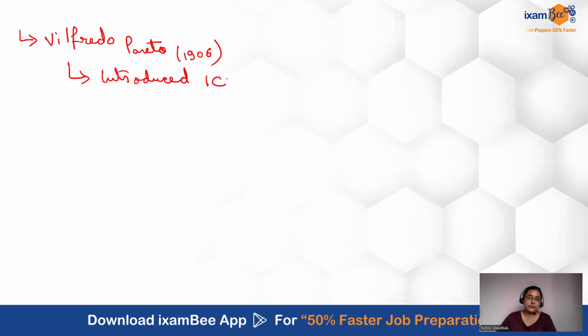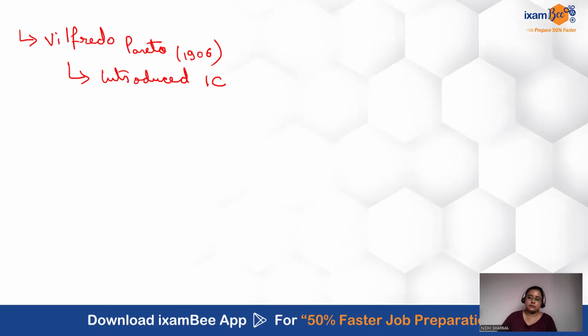Now many of you must be thinking that it's actually Hicks and Allen whose name is associated with the indifference curve. Absolutely correct, it's Hicks and Allen whose name is associated with it. But before Hicks and Allen, it's Pareto who introduced the indifference curve in the area of economics.